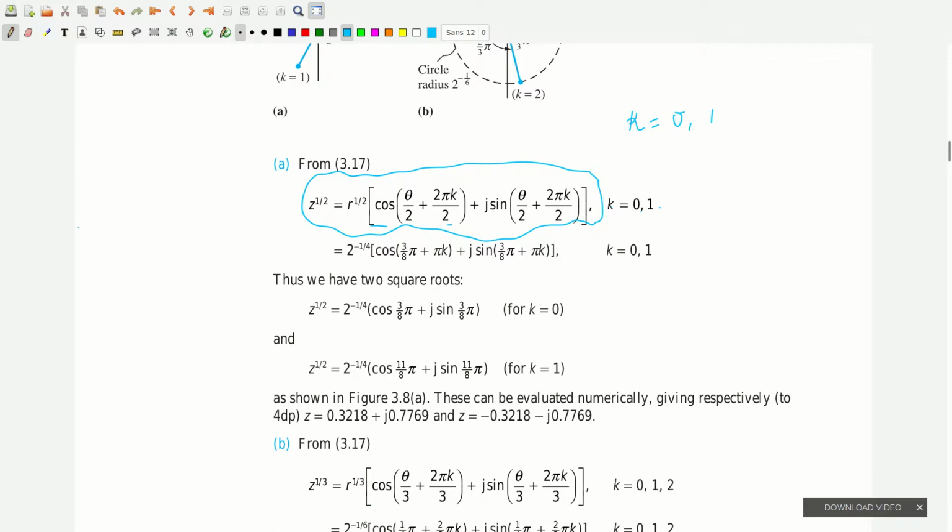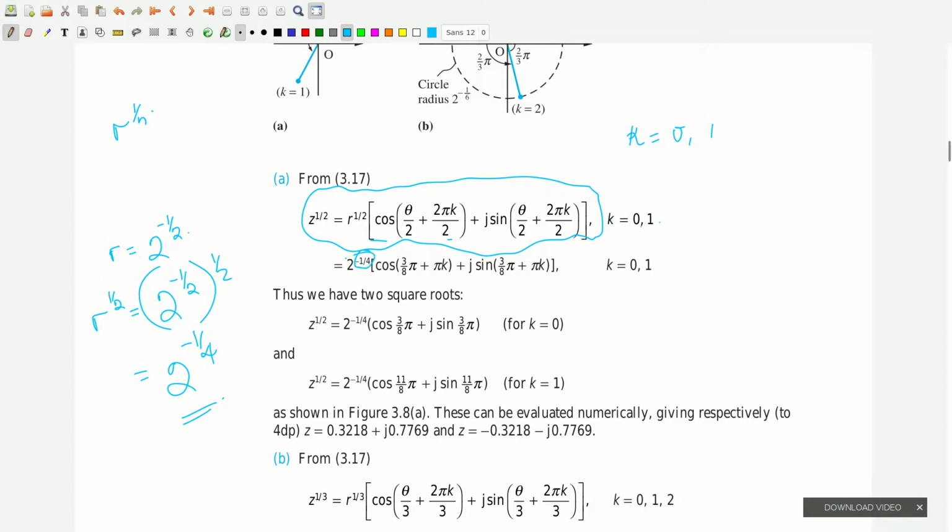Remember that r was 2 to the power negative 1/2, but the formula here says we have to have r to the power 1 over n. So to be precise, r to the power 1/2 is going to be that 2 to the power negative 1/2, all to the power 1/2, and that is why you have 2 to the power negative 1/4 appearing here.